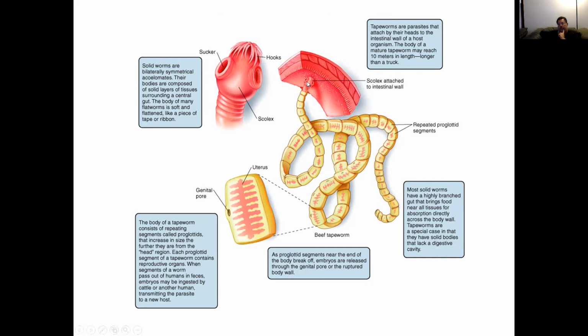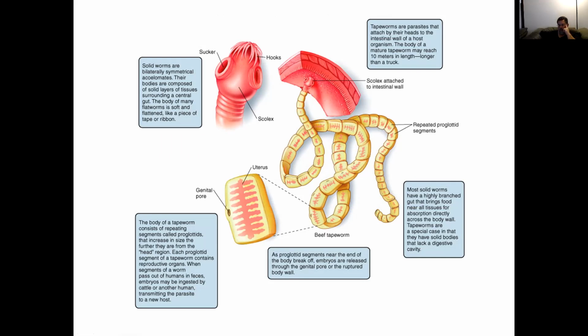And so here it is, hooks up. And again, a tapeworm is a type of flatworm. The hooks will get into the intestinal wall, and then repeating segments of reproductive parts will form. And again, it's absorbing nutrients from the intestine. So what you're eating is now their meal too.